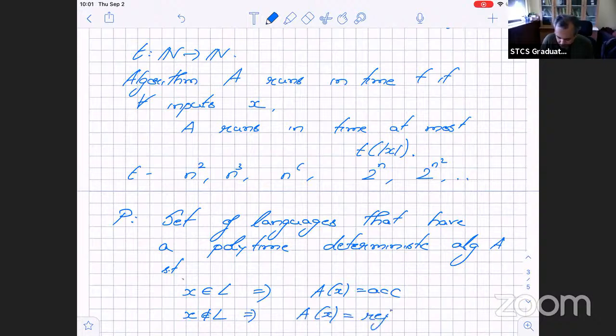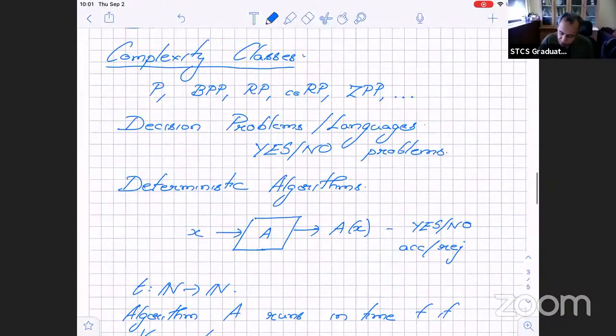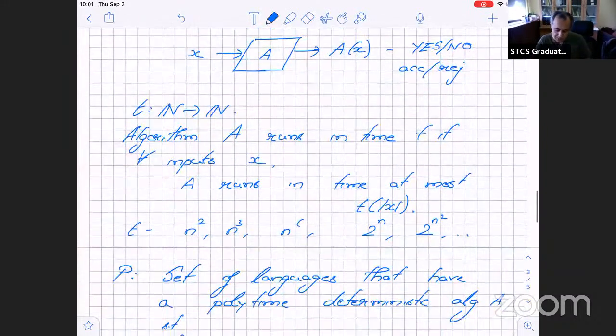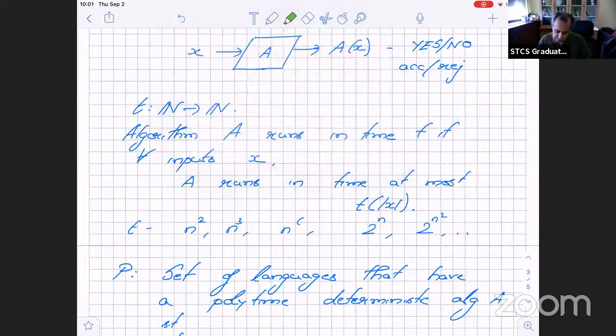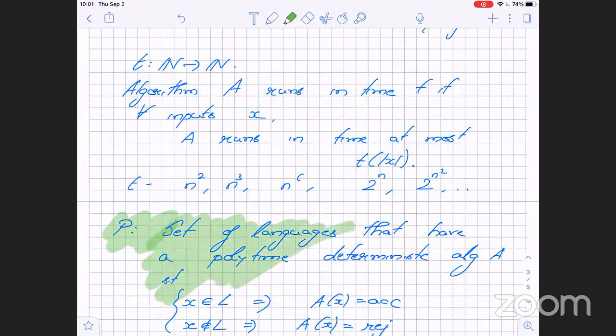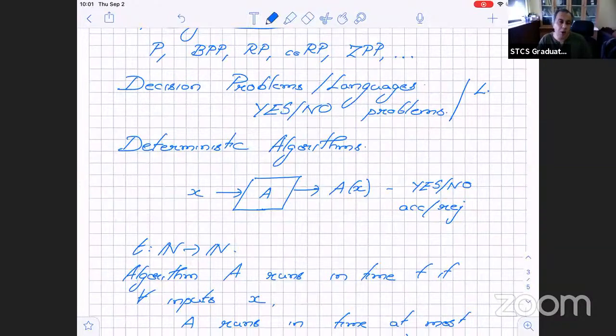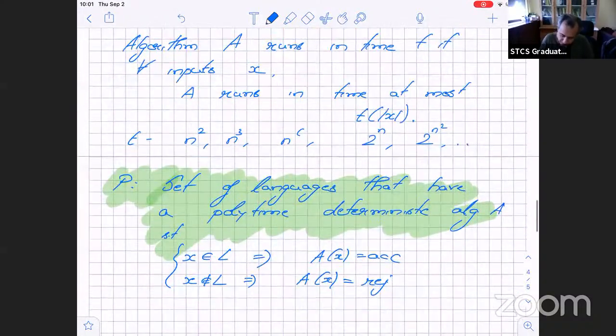When I say decision problems, this is captured by a language. Some inputs are yes instances, some are no instances.